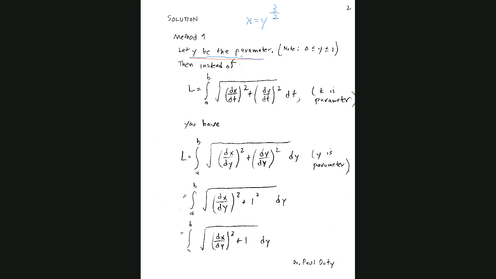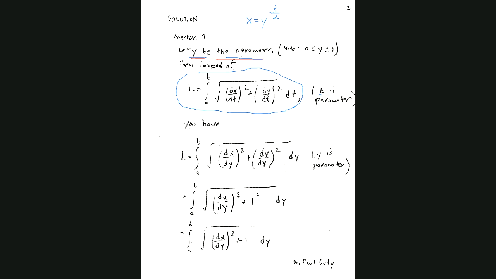So what I do is I say, okay, the normal arc length formula, where t is the parameter, is the integral from a to b of the square root of (dx/dt) squared plus (dy/dt) squared dt. But that's when t is the parameter.